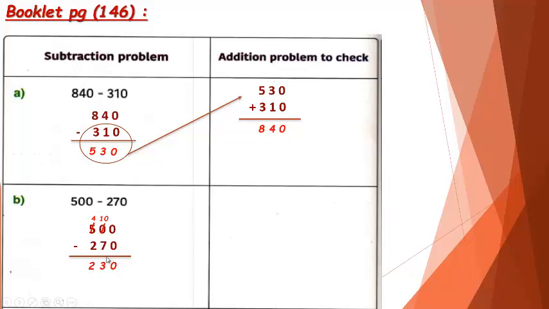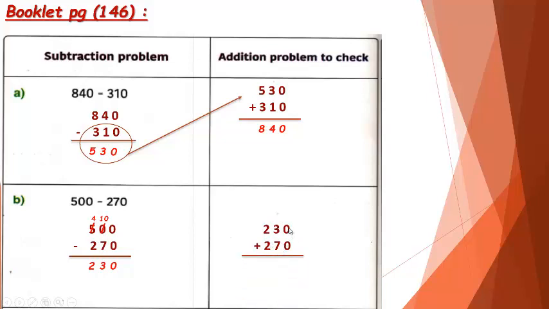Okay, I want to check my answer. So I'm going to add this plus this, and the sum must be this. Let's try. 230 plus 270. This number plus this number must give me this number. Okay, 230 plus 270.